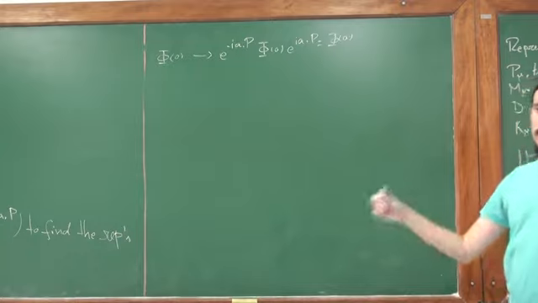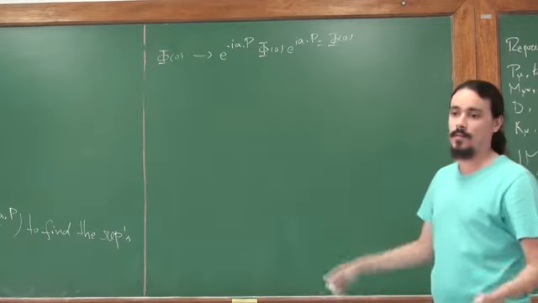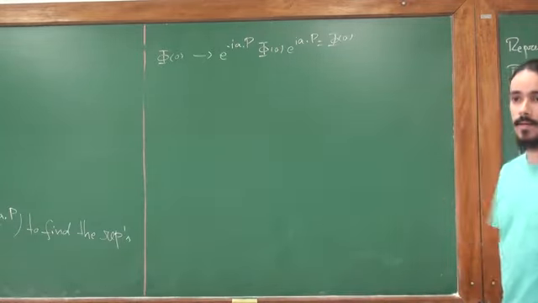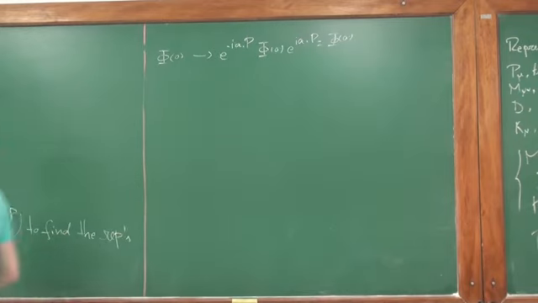Okay, because to translate a state, we just apply an exponential, then the fields and operators transform correspondingly by a similarity transformation like that. So this is exactly what we're going to do. We're going to take, say, the second equation.